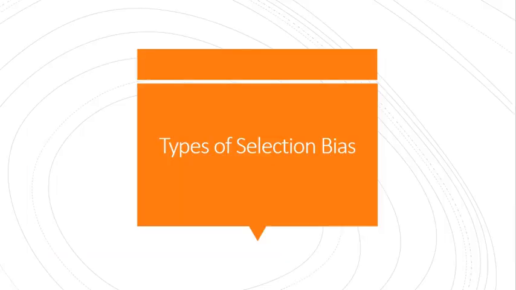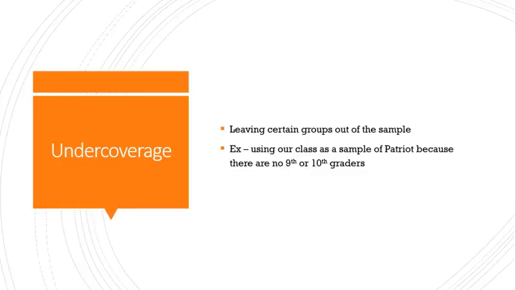So, different types of selection bias, ways that we can mess up taking our sample. One is undercoverage, and this is when we leave certain groups out of the sample. So if we decided to use art class as a sample of Patriot, there are no freshmen or sophomores in statistics.